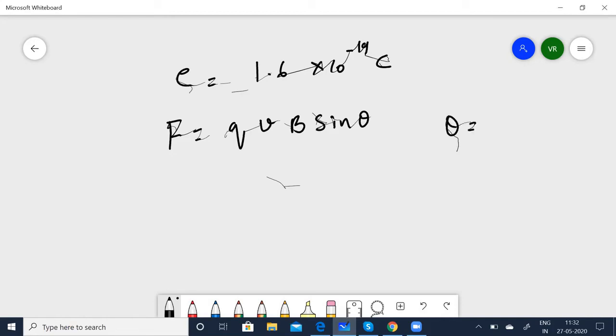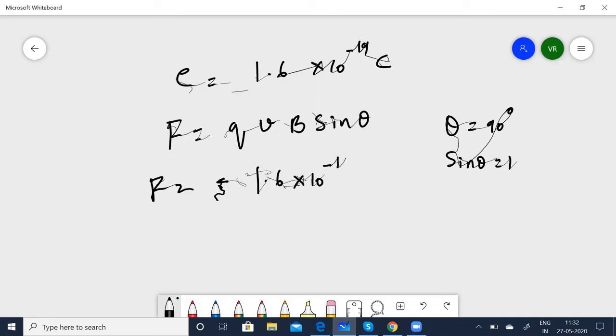So you know all the other values. F is equal to Q, which is minus 1.6 into 10 to the power of minus 19, into V, which is 3 into 10 to the power of 6, and B is 4 into 10 to the power of minus 2.